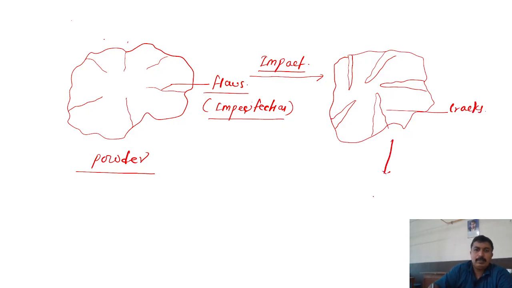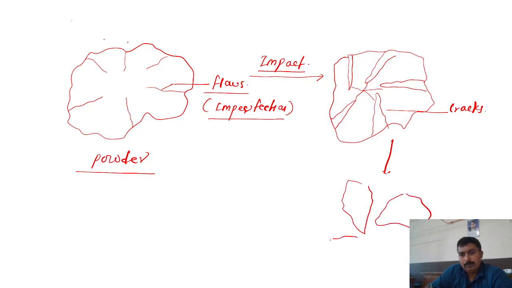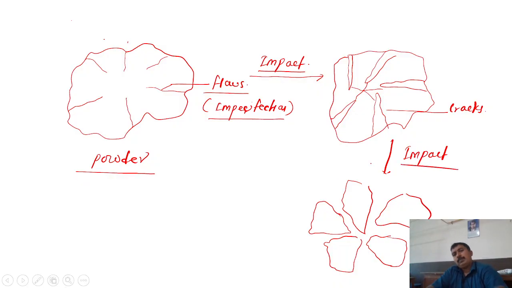Continued impact results in the breakdown of the particle at the cracks and the formation of many powder particles like this. Simply, the flaws grow, resulting in the formation of cracks, and these cracks result in the breakdown of the powder particle. You can see here this powder particle has broken down into many powder particles due to impact. So firstly impact is responsible for developing the cracks, and later the breakdown of the powder particles takes place.